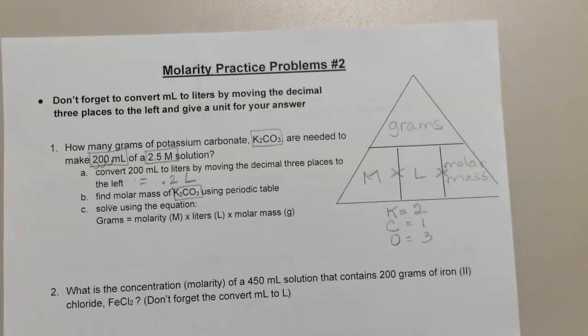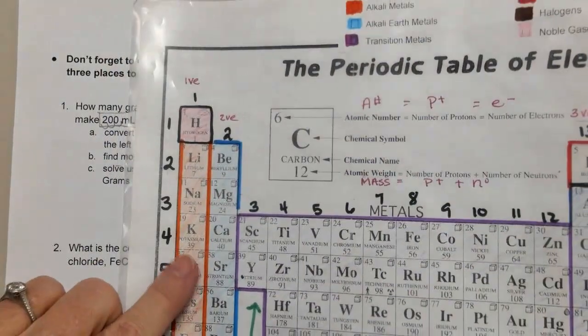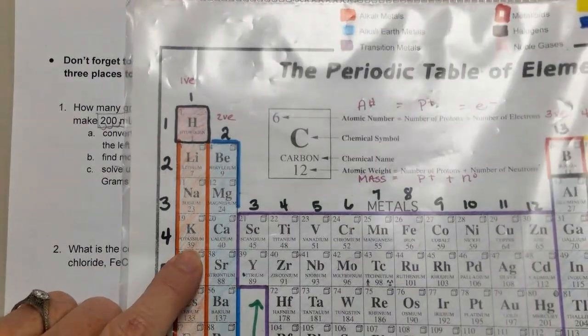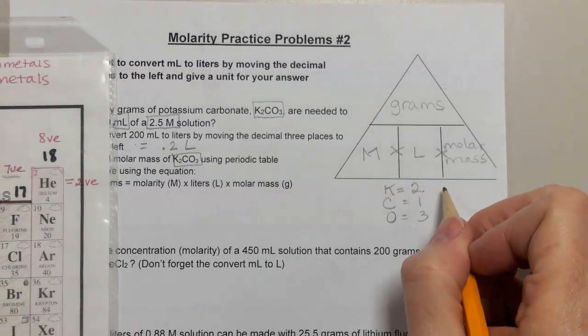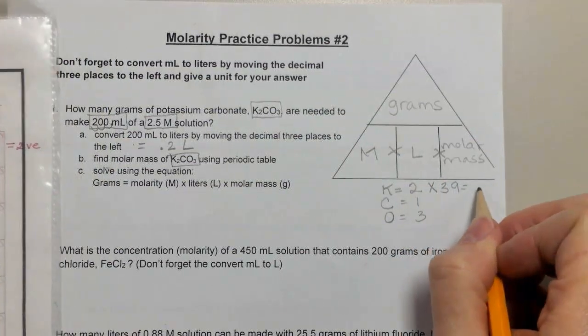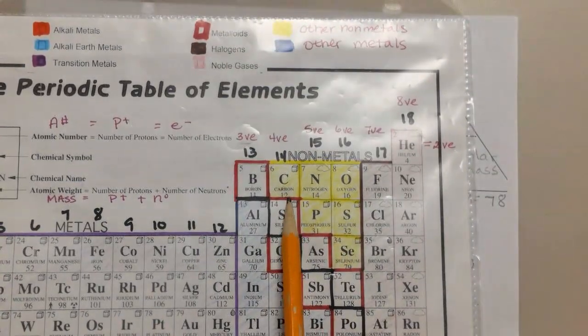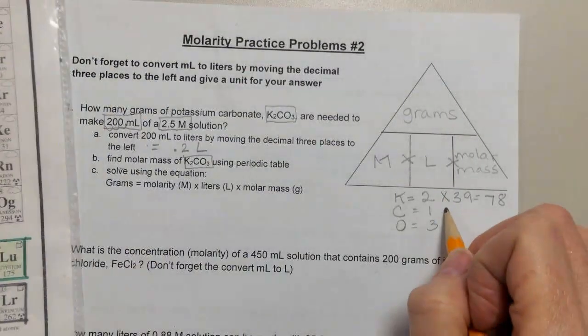Now use your periodic table to find the atomic weights. Potassium, 39, so 2 times 39, which is 78. Then I have 1 carbon, which is 12.